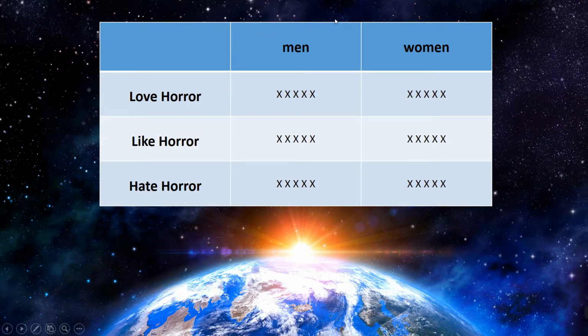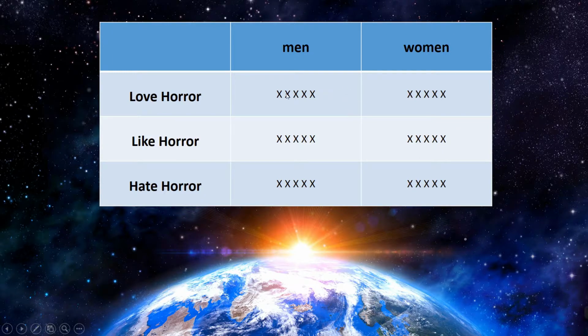Both of these factors are between subjects, so different people in each level, men and women, different groups of people. Same thing, love, like, and hate is between subjects. That is, the people who said they love horror movies are different from the people who said that they like them, and there's a different group of people who say that they hate them. So that's between subjects.